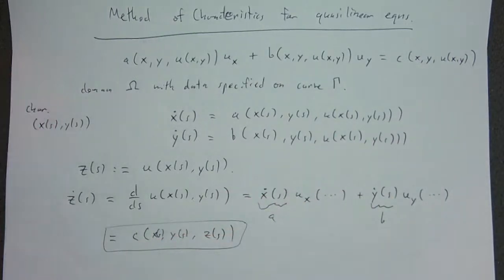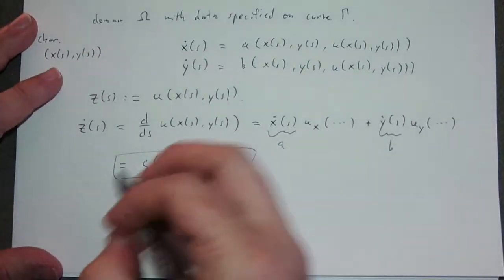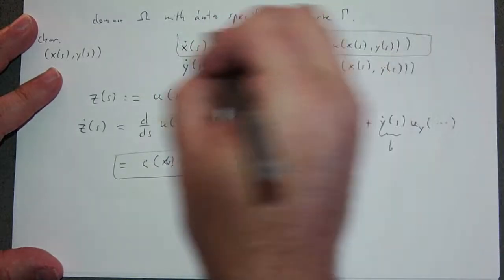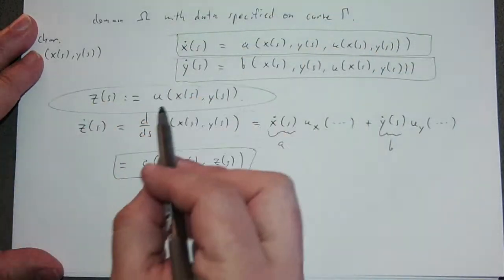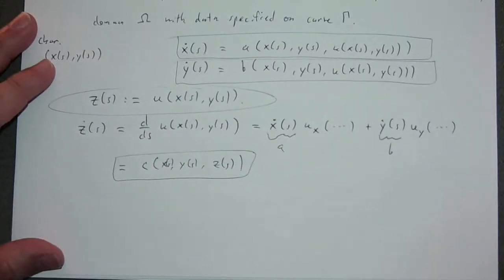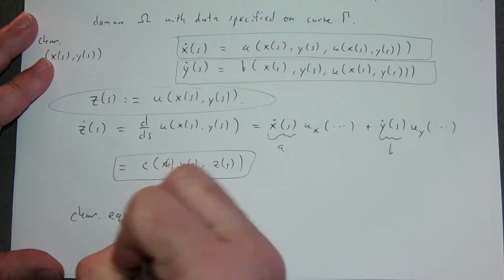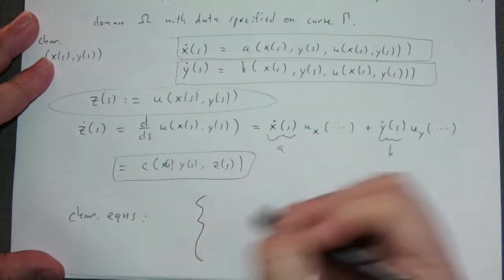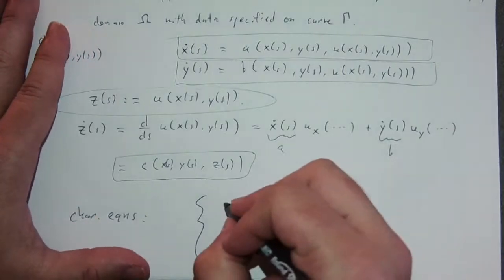So putting all these things together and using better notation, since z of s is u along the characteristic, my characteristic equations are actually in a very nice form, easier to remember than the previous linear case.